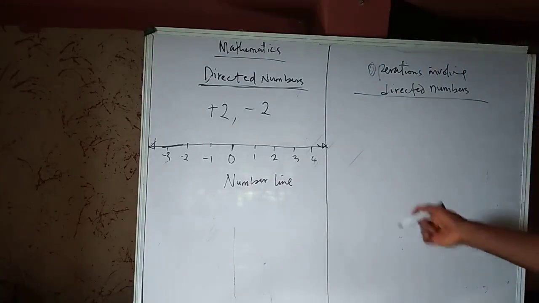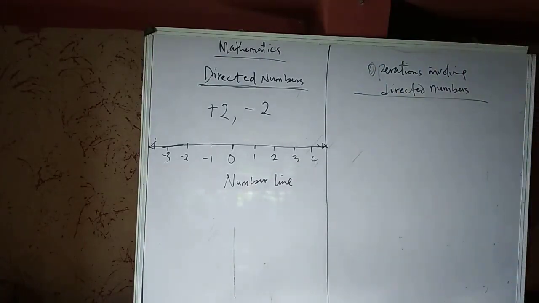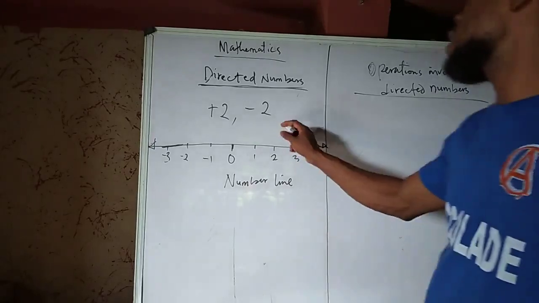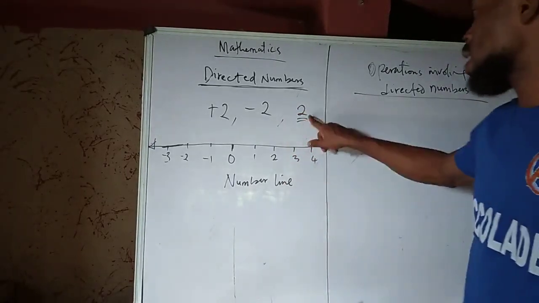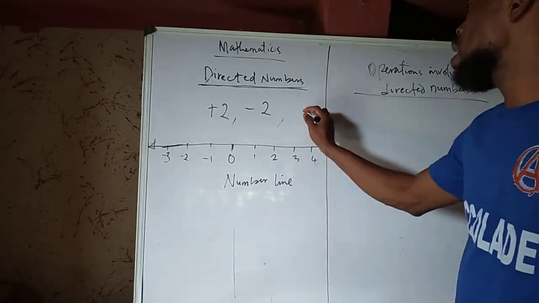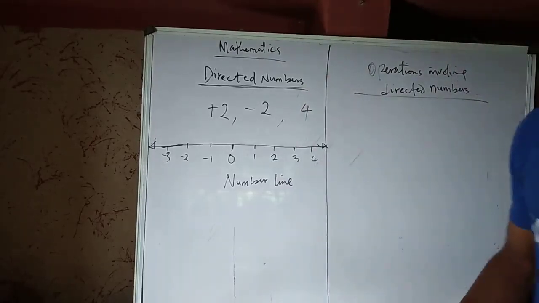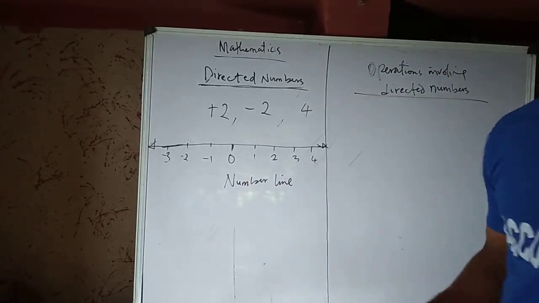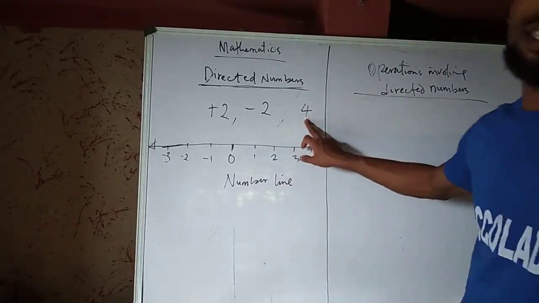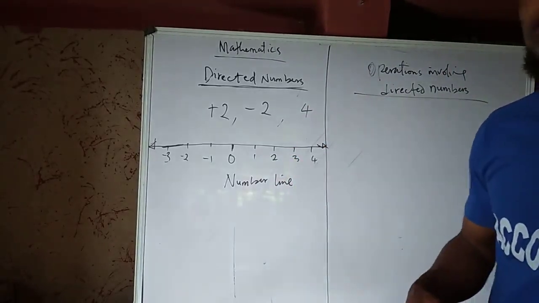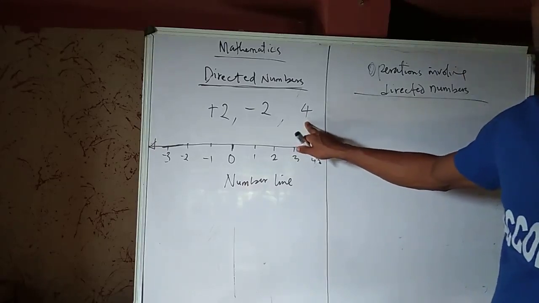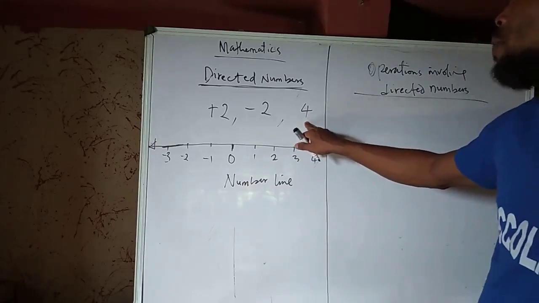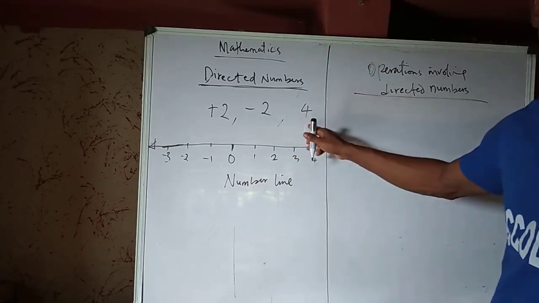Of course, I also want you to know that sometimes numbers are written this way, just like 4. This number standing on its own is actually still a directed number. In fact, all numbers are directed numbers. This number standing on its own is a directed number, but the direction is what we may not really know.